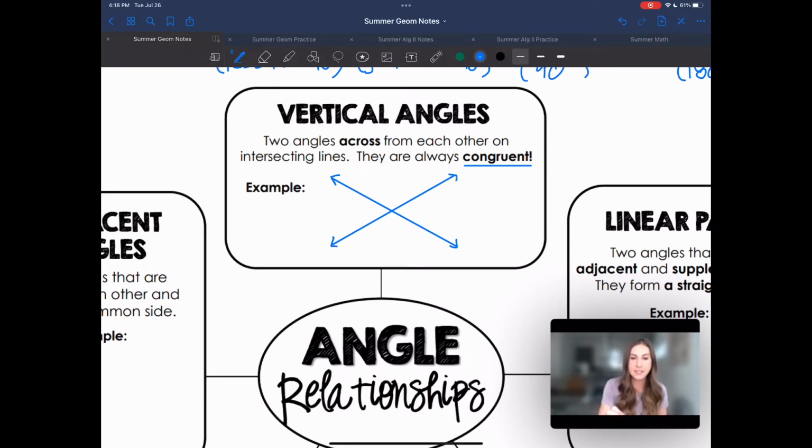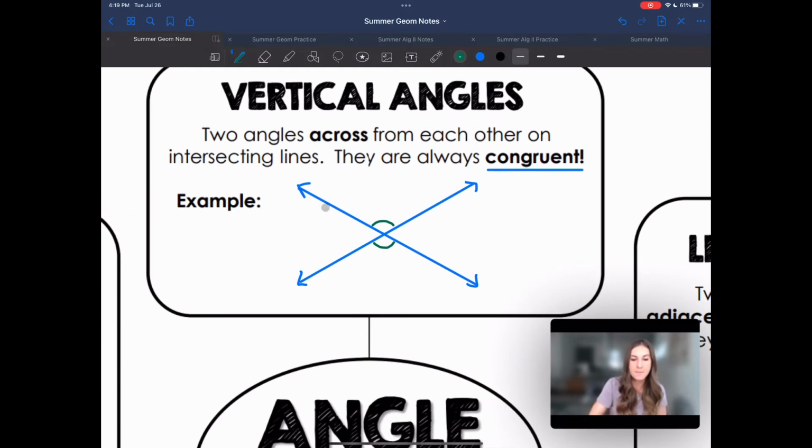Anytime you have two intersecting lines, you create vertical angles. You create two pairs of these vertical angles. One of them is going to be like here and here. So we say those angles are vertical to each other. They're right across from each other, and they're always congruent. So let's give an example here. Let's just say this is 100 degrees. Well, you're going to automatically know the one across from it is also 100 degrees.